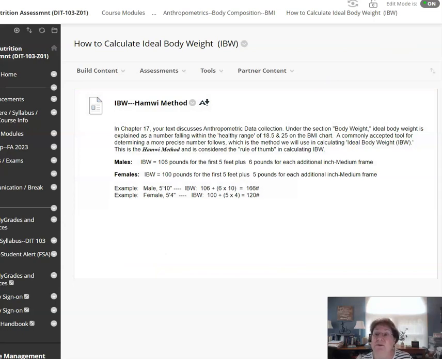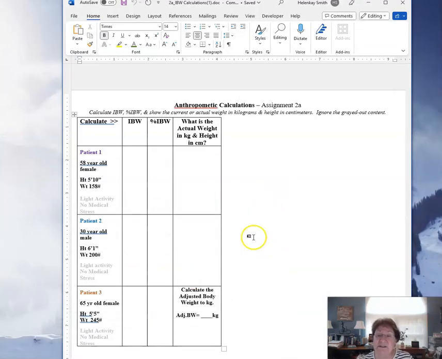And so let me go back to our assignment. You'll notice here that patient 1 is a female and patient 2 is a male, so you'll have to calculate that differently. This particular person is 6 foot 1 inch.